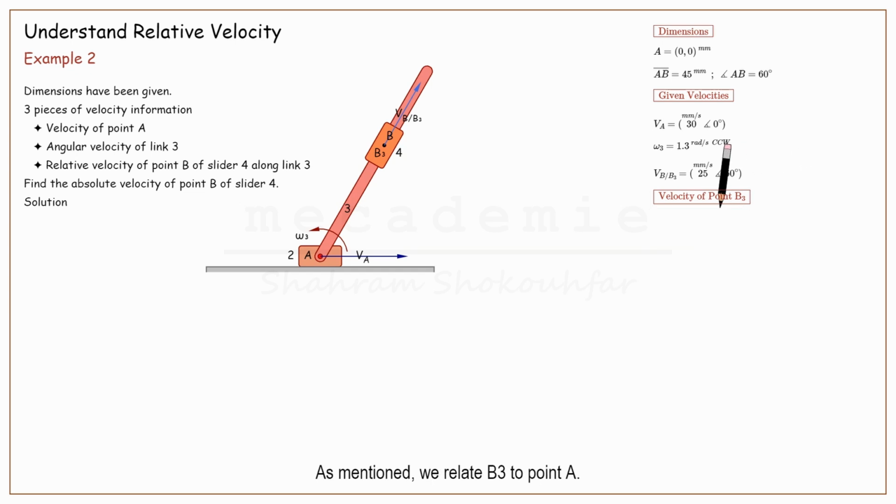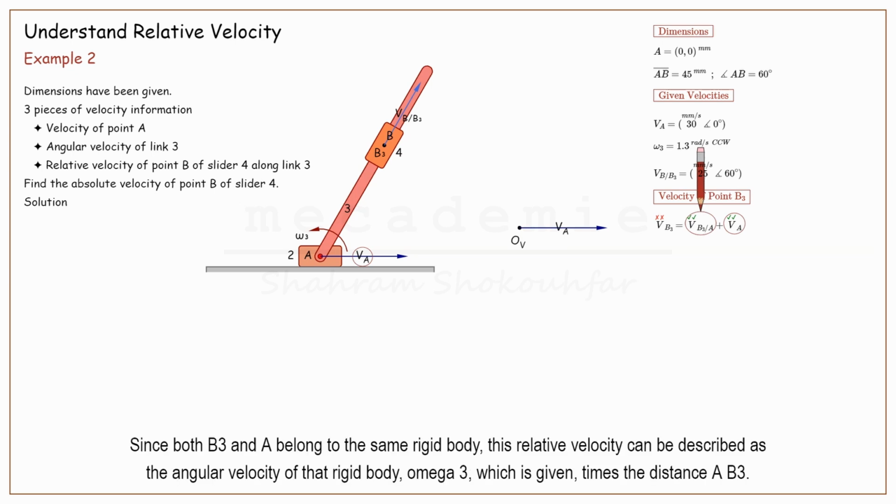As mentioned, we relate B3 to point A. Velocity of point A has been given, and we bring it to the diagram starting from OV. Next, velocity of B3 with respect to A. Since both B3 and A belong to the same rigid body, this relative velocity can be described as the angular velocity of that rigid body, omega 3, which is given, times the distance AB3.